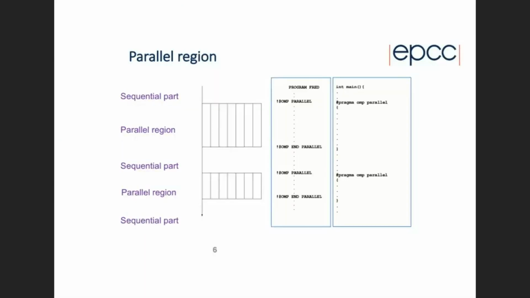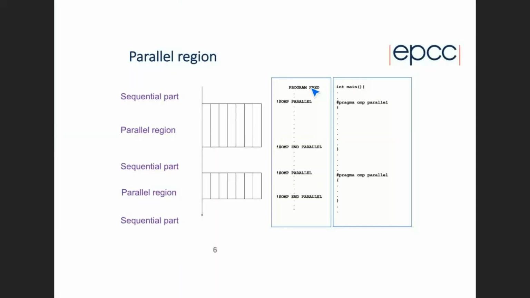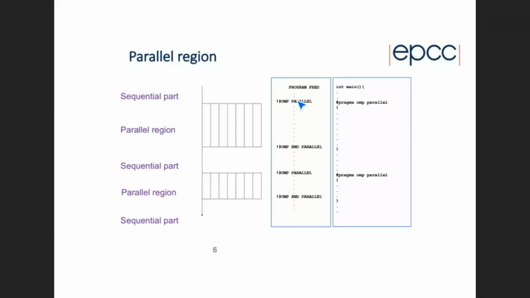It might help to think about this more visually. So here is our program, and some sort of sneak preview of some syntax. When our program starts executing, we are executing on a single thread, and only when we get to the first parallel region in the code.